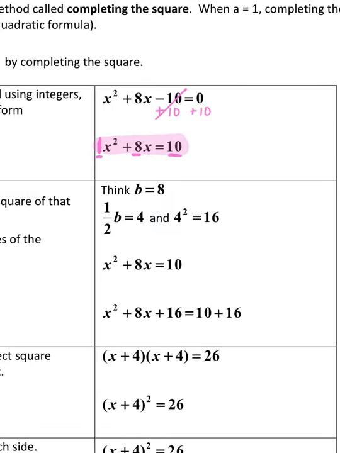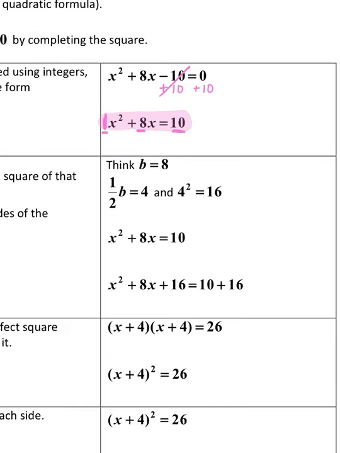So the next step is to take half of b, which is 8, so half of 8 equals 4, and then square it. So you're going to take half of b and square it. In this case, we took half of 8, which is 4. 8 divided by 2 is 4. And we square 4. 4 squared equals 16.